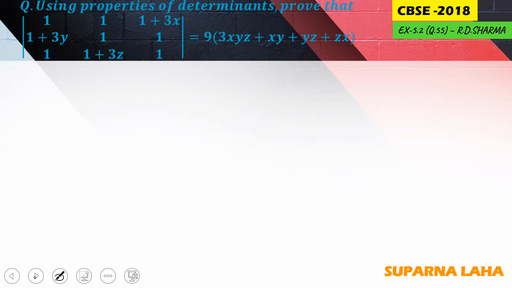So using the properties, you need to show that this determinant's value is given by 9 into (3xyz plus xy plus yz plus zx). So this factor you need to find out first from this determinant. Look here, this is the LHS portion.